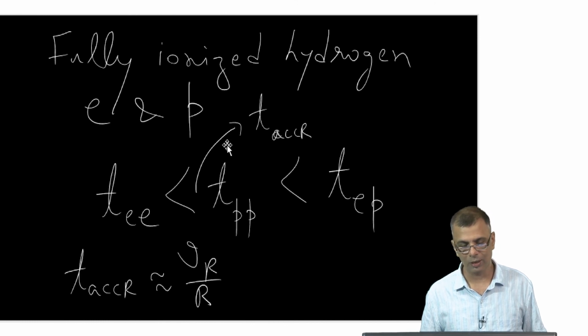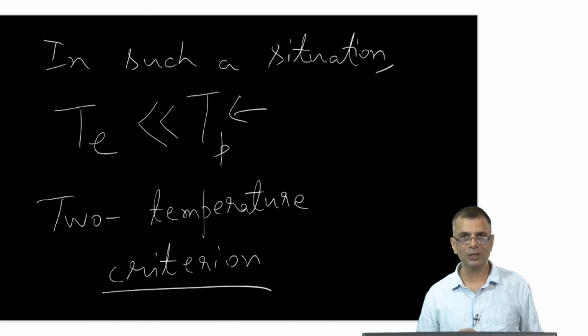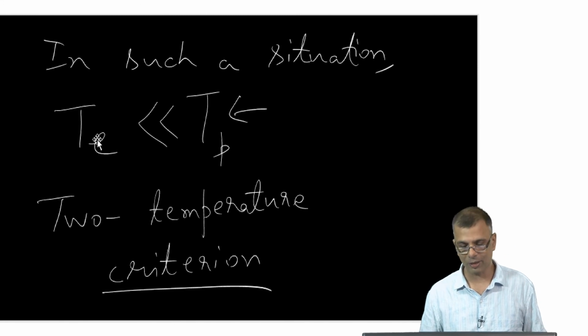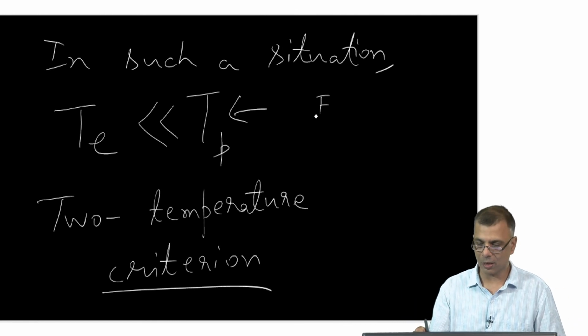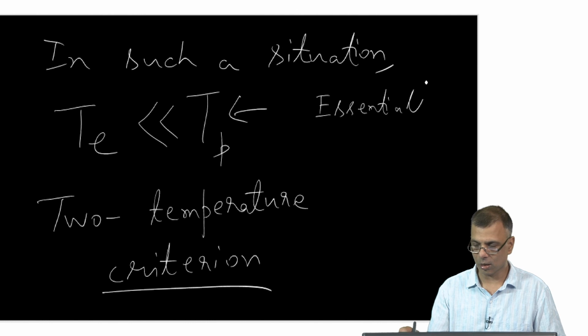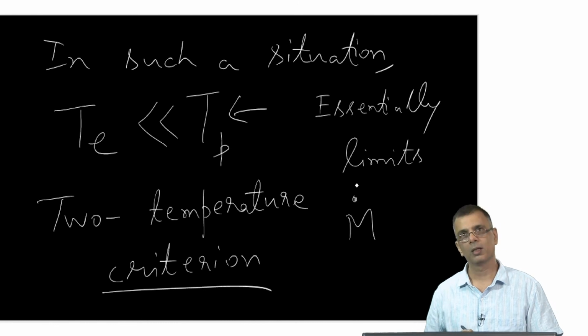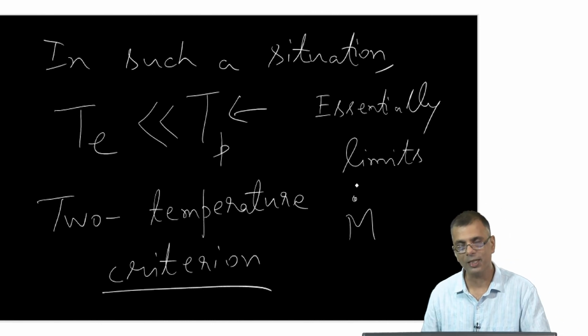So these three things conspire amongst each other to leave the protons much hotter than the electrons, and this is what's called the two temperature criterion, and this essentially limits the m dot. Okay, and this is what it all boils down to.